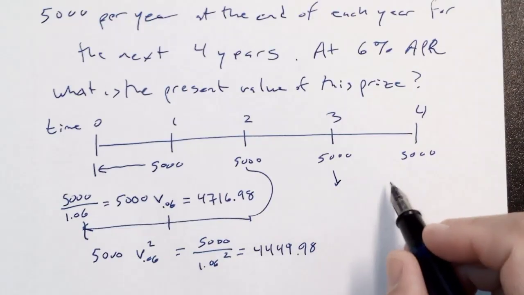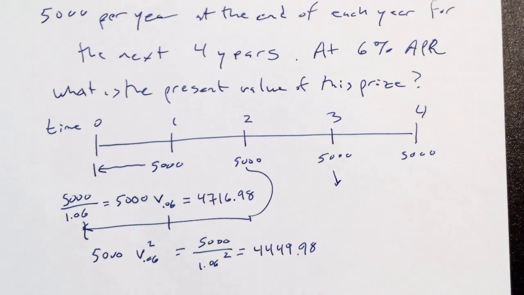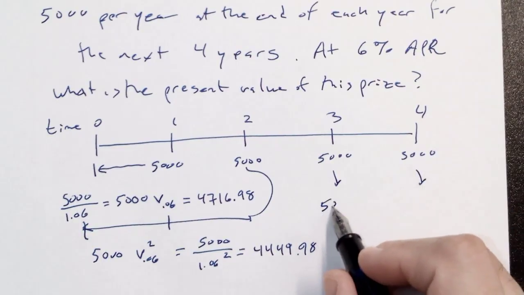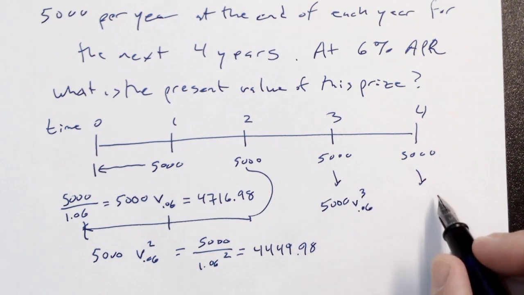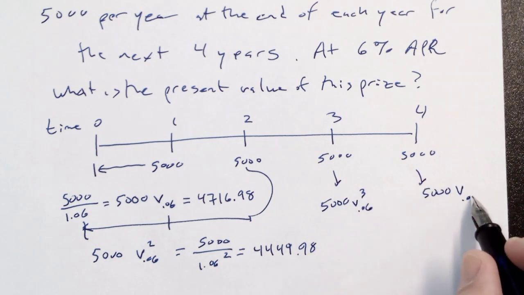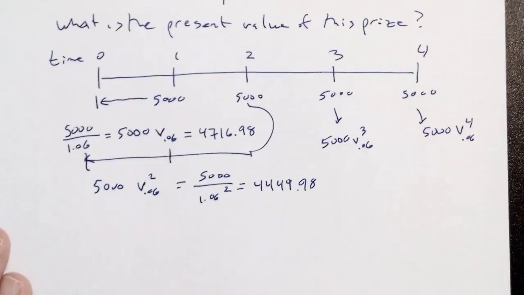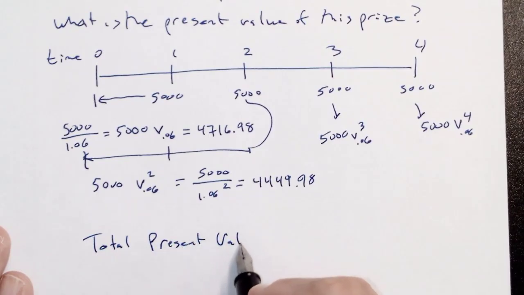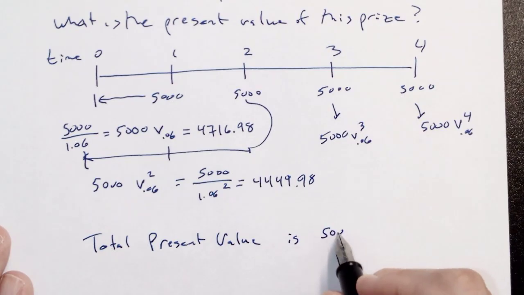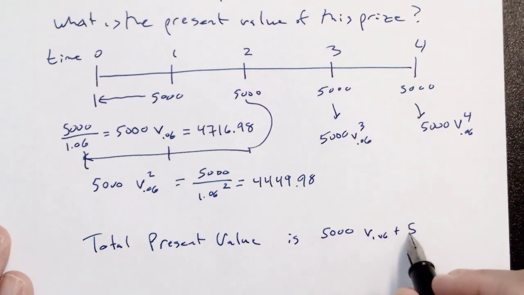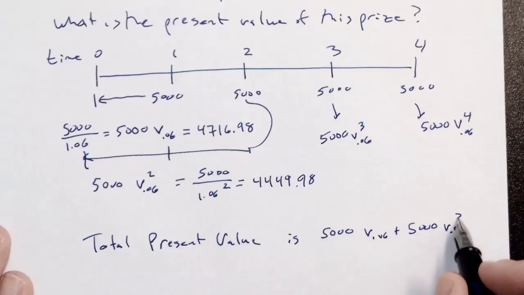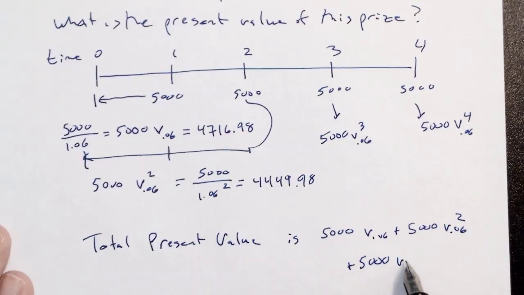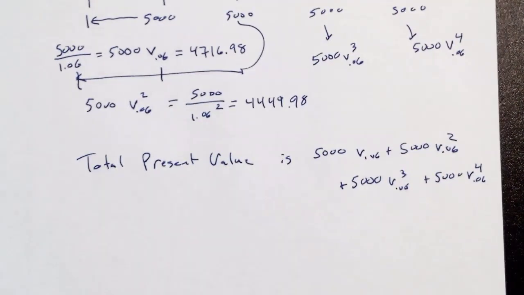But here, what will I use? v cubed. And here I'll use v to the fourth. So my total present value is... hey, wait a minute, that's a sum, right?